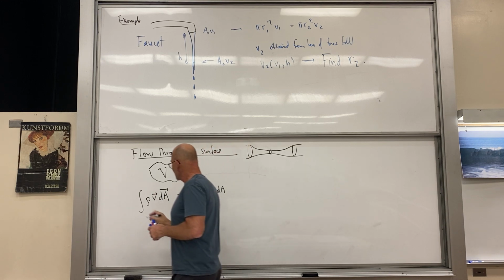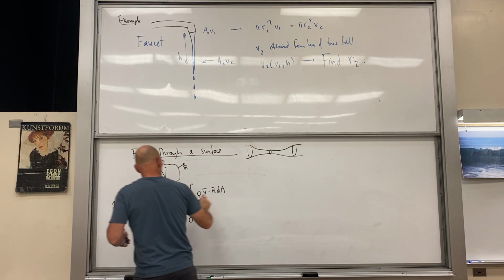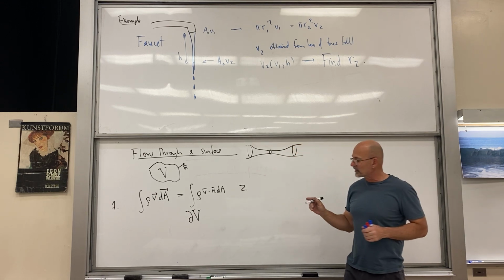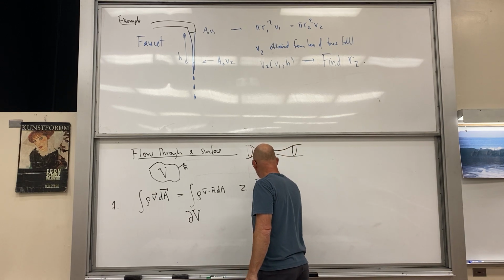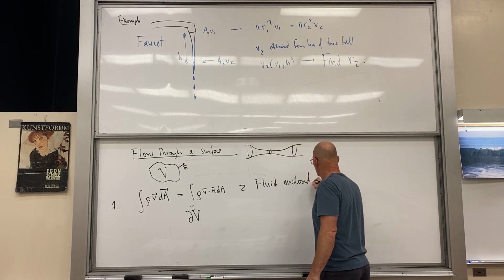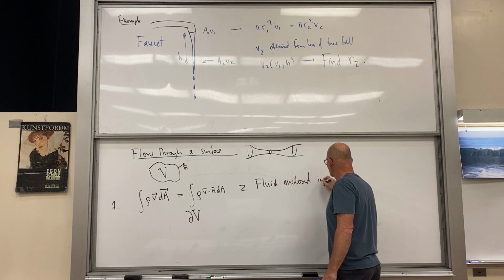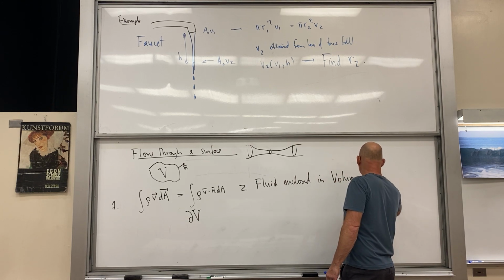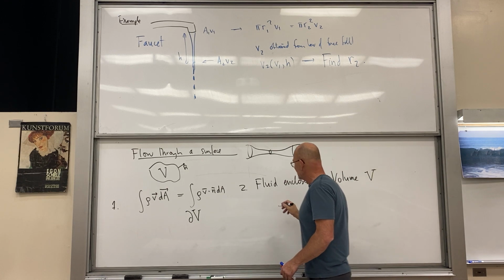On the one hand, make a list here. On the other hand, we have the fluid contained within the surface. So fluid enclosed in a volume, volume V. So what would that be?